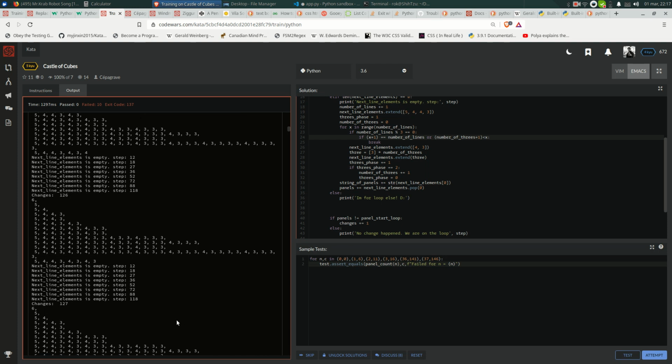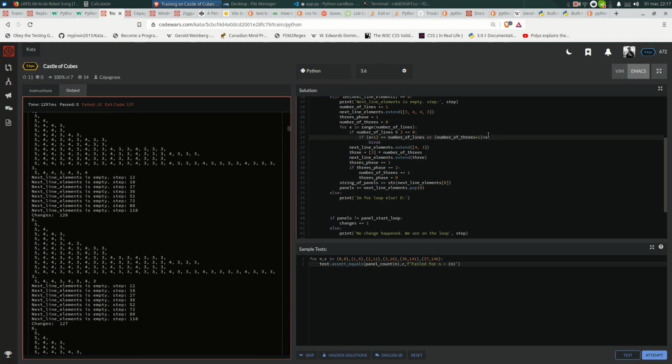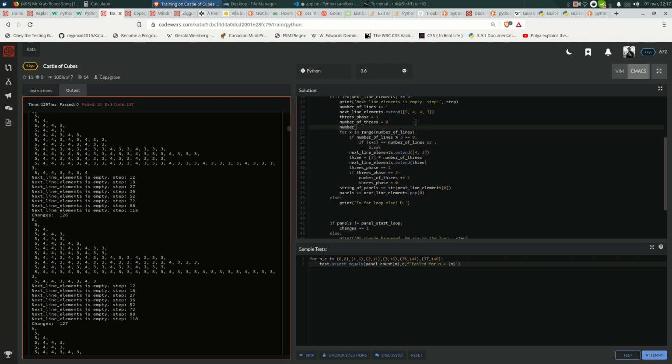Yeah, we get this weird thing going on. We get the wrong thing going on. So we say number of threes or number of fours in the line in the beginning, it's always 1, right?